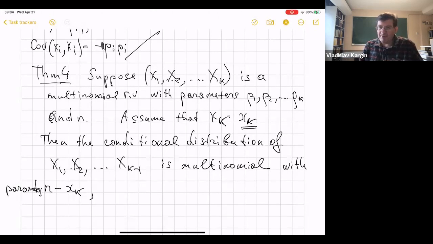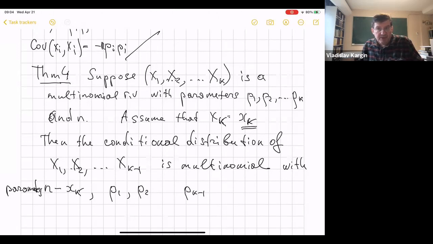But what about the probabilities? Before that, the probability of the outcome 1 was p1, the probability of the outcome 2 was p2, and so on, pk minus 1. But now they cannot be like that because they don't sum to 1. They sum to something smaller than 1 because one of them is missing.